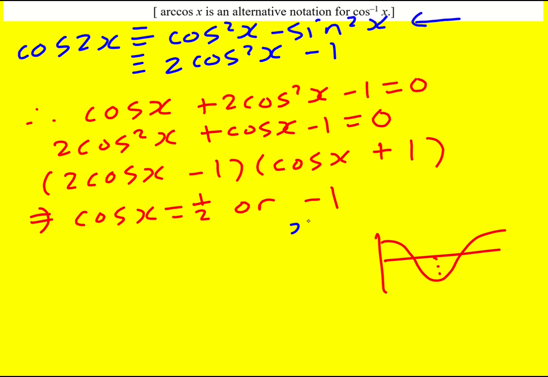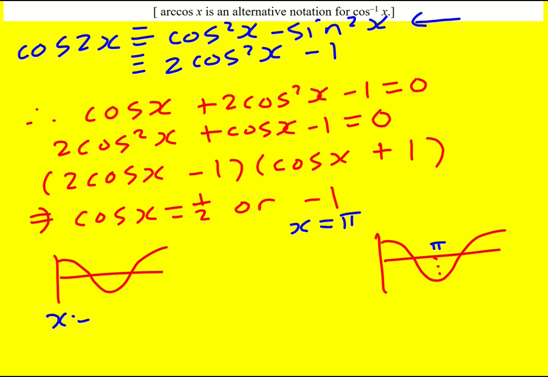For minus 1, we'll get that x is equal to pi. And then for half, I always remember cos 30 degrees is root 3 over 2, cos 60 is a half. That's going to be cos pi over 3.